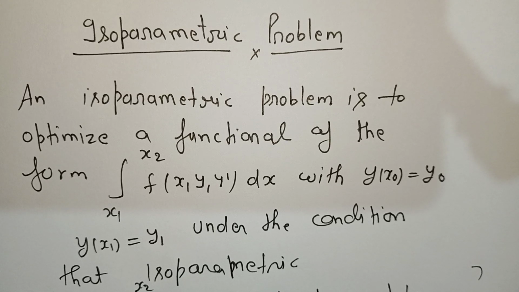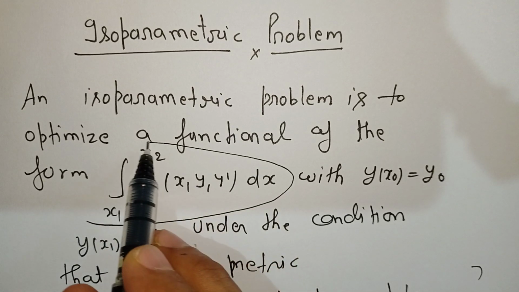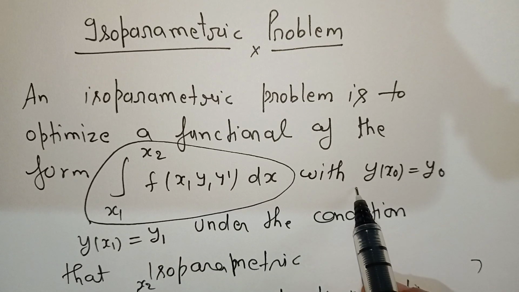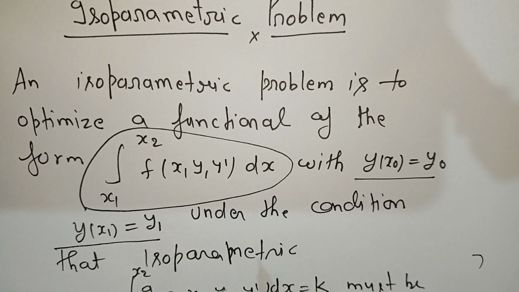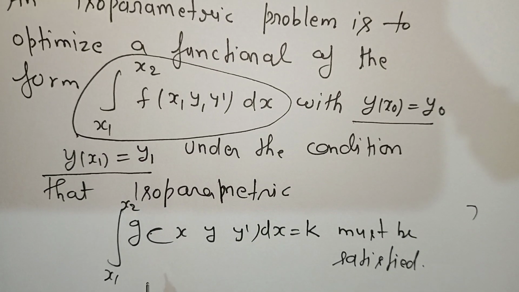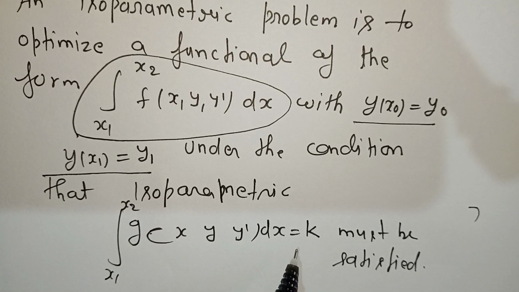In this video I am going to explain the isoparametric problem. An isoparametric problem is to optimize a functional of the form integral of f(x, y, y') dx with the given boundary condition, under the condition that this constant must be satisfied: integral from x1 to x2 of g(x, y, y') dx equal to k.